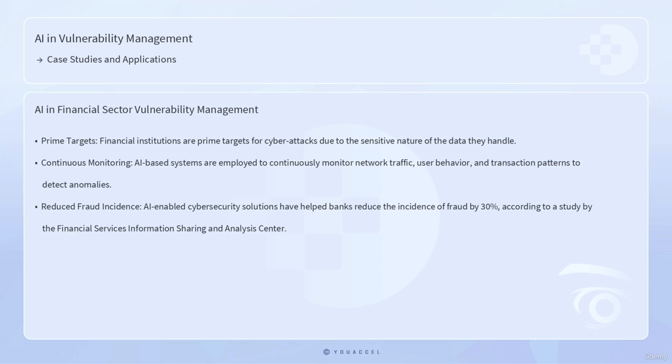A study conducted by the Financial Services Information Sharing and Analysis Center revealed that AI-enabled cybersecurity solutions have helped banks reduce the incidence of fraud by 30%. This underscores the efficacy of AI in safeguarding critical financial data and ensuring the integrity of financial transactions.